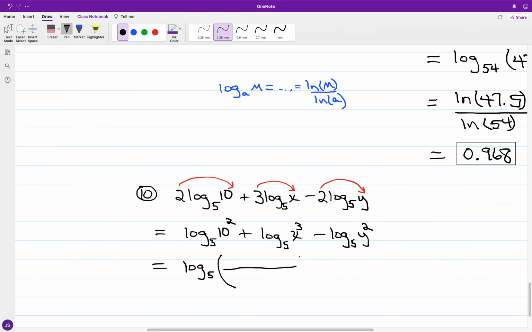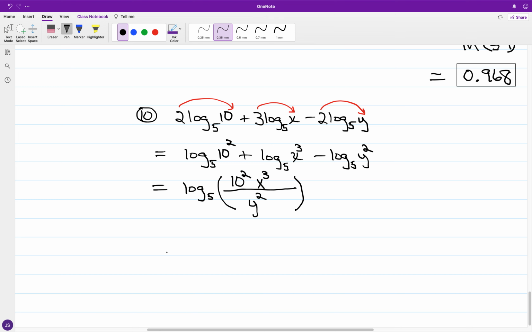And just looking at consolidating once again, you have 10 squared comes from a positive base 5 logarithmic term, and so does x cubed. And for y squared, again, this originates from a negative base 5 logarithmic term.